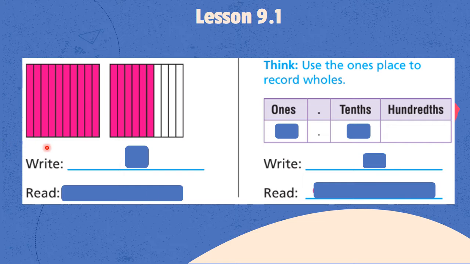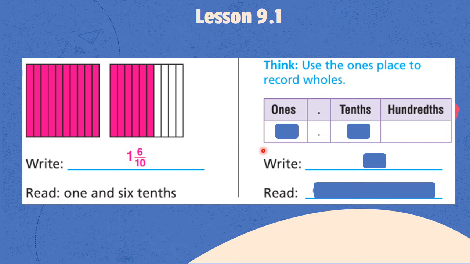Here, we have one whole part, and then 1, 2, 3, 4, 5, and 6. 6 out of 10. So we have 1 as a whole number, and then 6 out of 10. So we have 1 and 6/10.